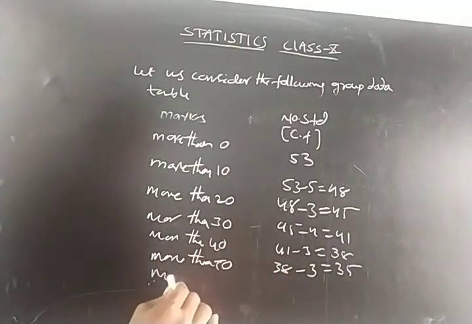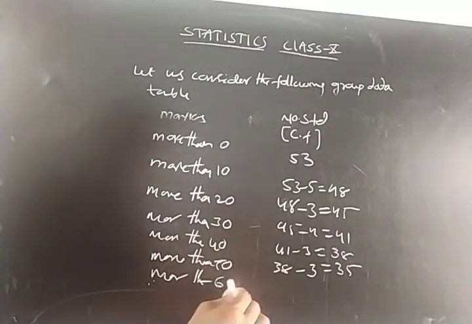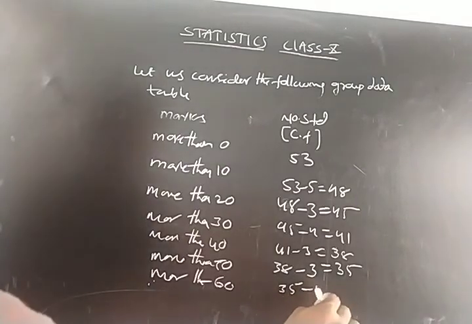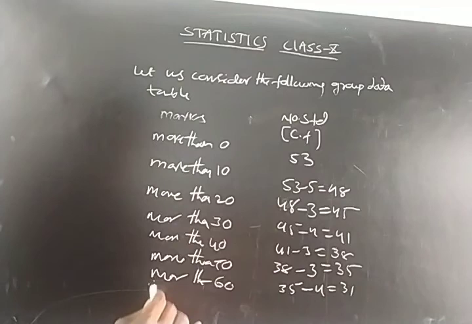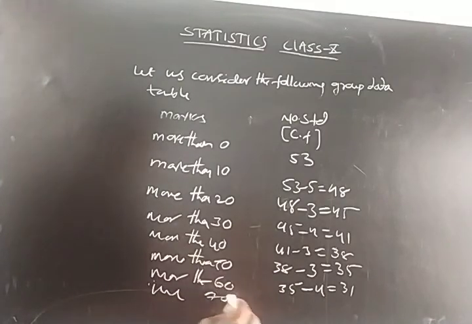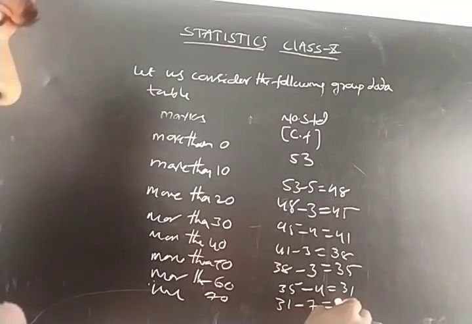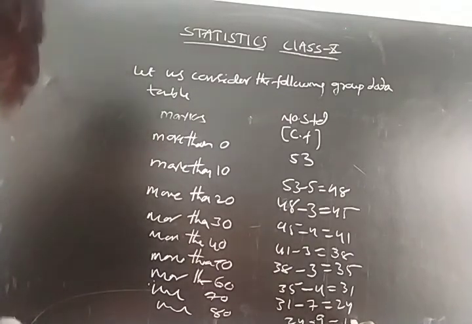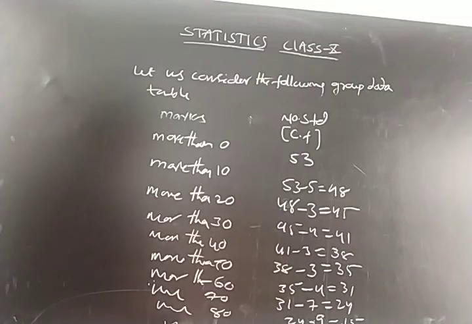More than 60: 35 minus 4, that is 31. More than 70: 31 minus 7 equals 24. More than 80: 24 minus 9 is equal to 15. More than 90: 15 minus 7 will give 8.